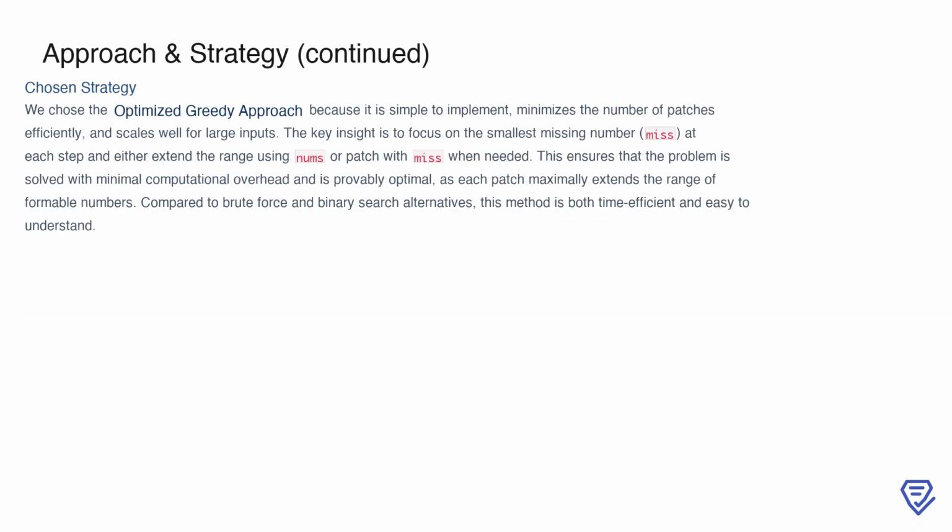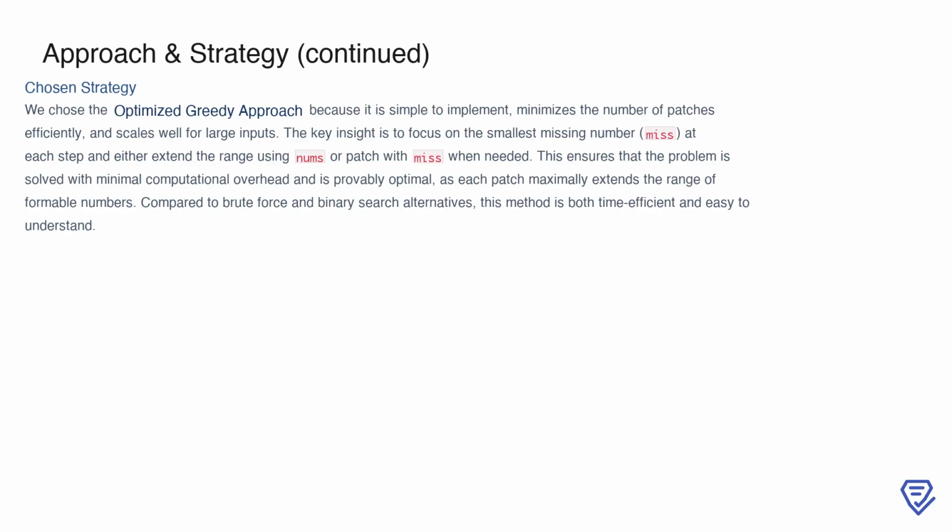Ultimately, we selected the optimized greedy approach as our chosen strategy. Its simplicity, efficiency, and scalability make it the ideal solution for this problem. By focusing on the smallest missing number, miss, at each step, we either extend the range of formable numbers using elements from nums or patch the array to cover the gap.